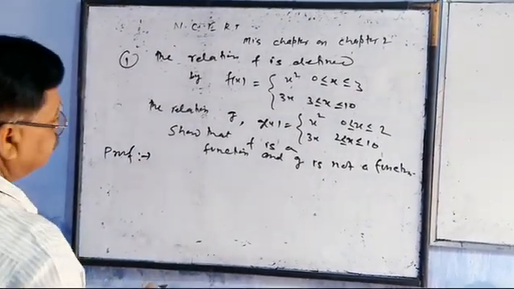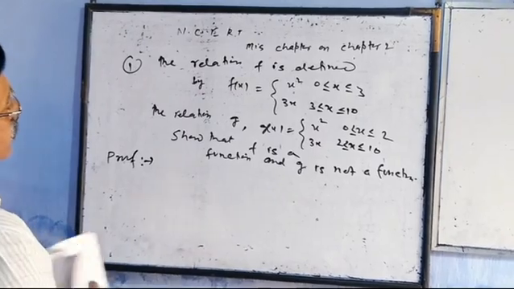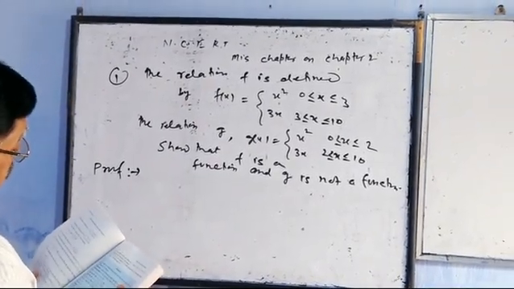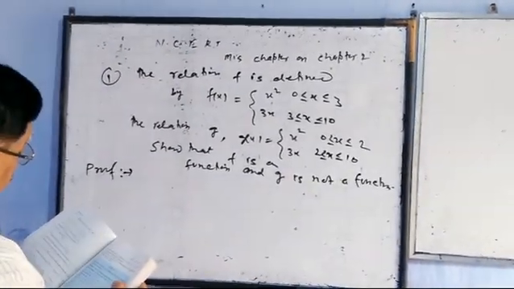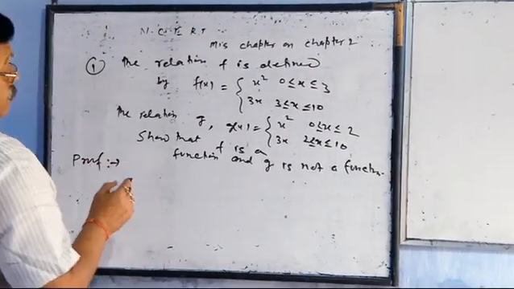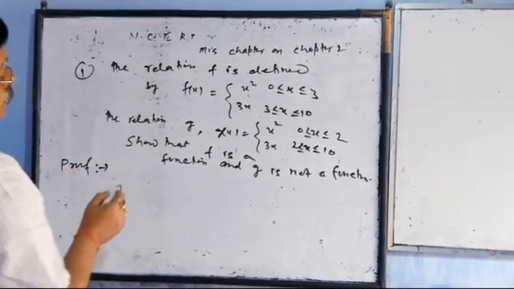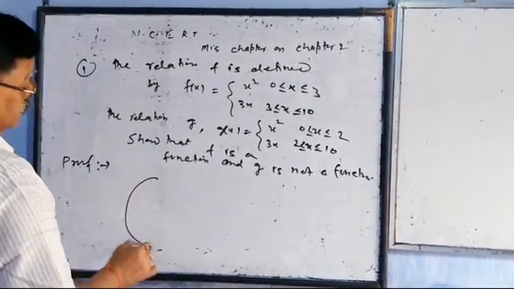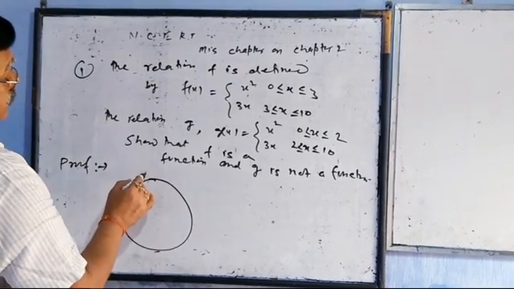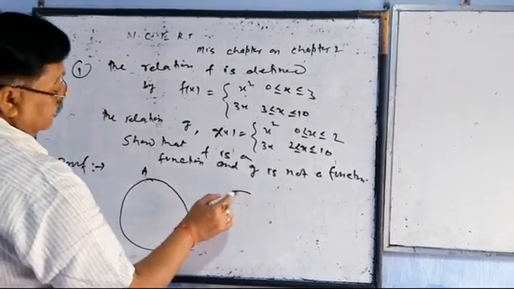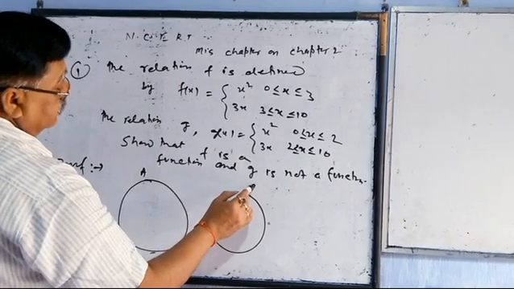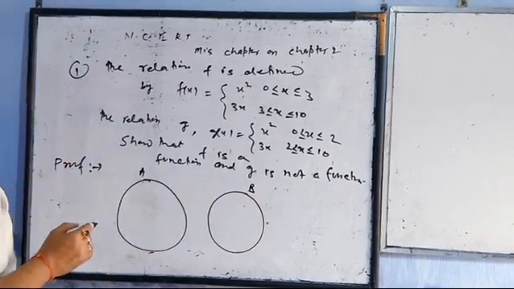Here, student, we take values of x. By picture we can show. Let A be a set and here is a B set, and f is a function.